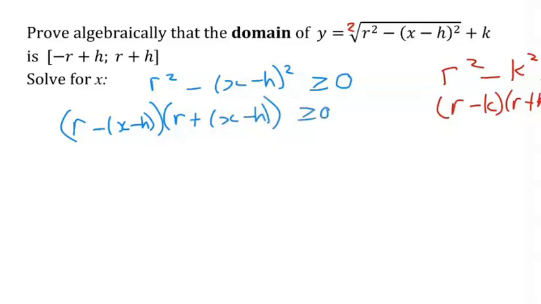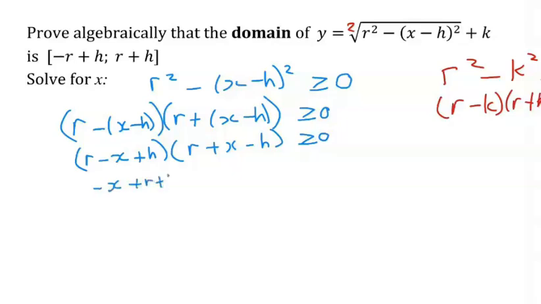So I want the x value. In this case, I will have (r minus x plus h), and I will have (r plus x minus h), greater or equal to 0. This will give me (minus x plus r plus h) and (x plus r minus h) greater or equal to 0.